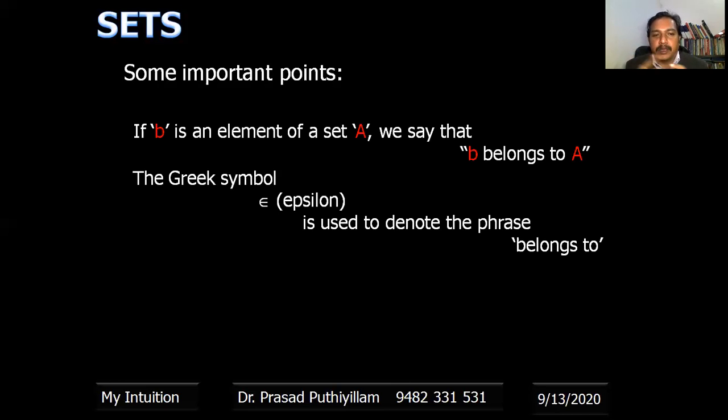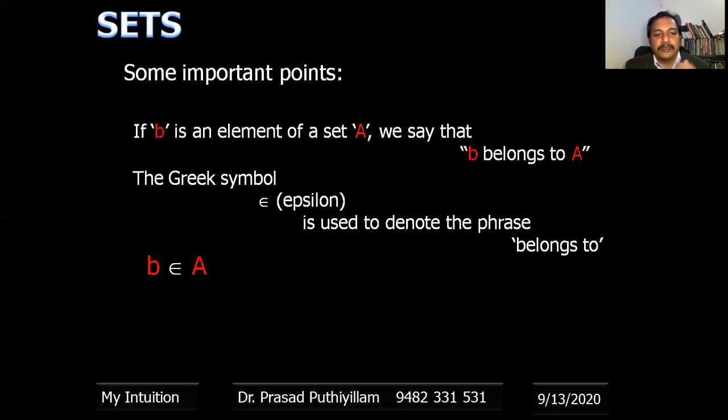The Greek symbol epsilon is used to denote the phrase belongs to. Instead of writing belongs to A, we can write b epsilon A. Here b epsilon A represents that small letter b belongs to capital letter A. Capital A is a set, and in that set b is an element.